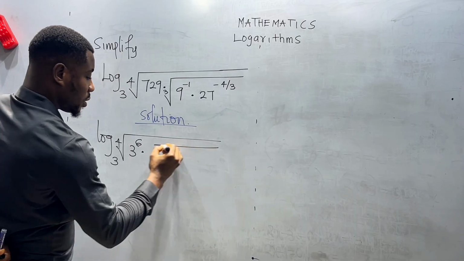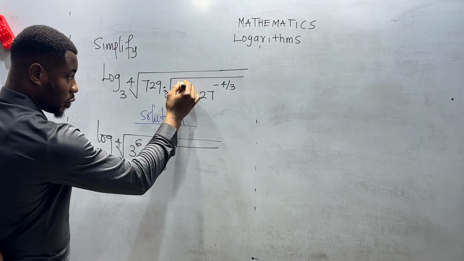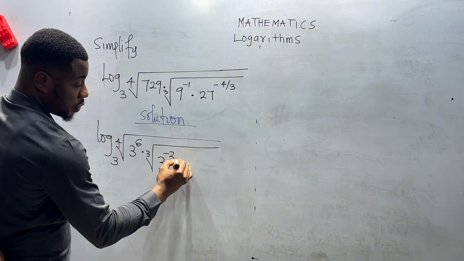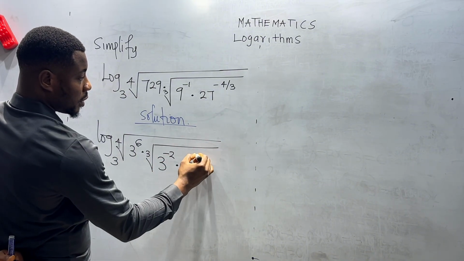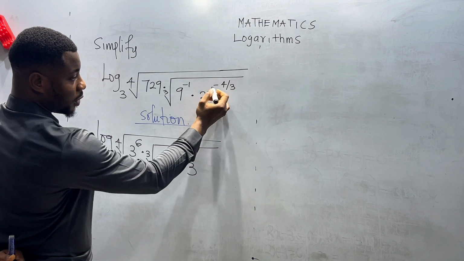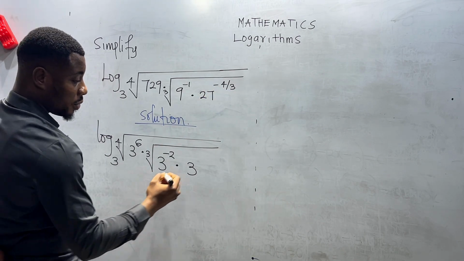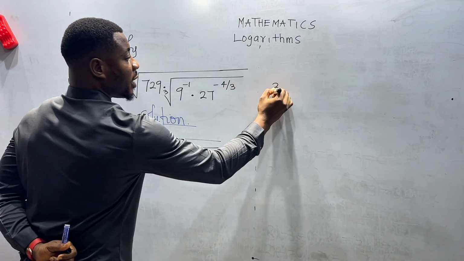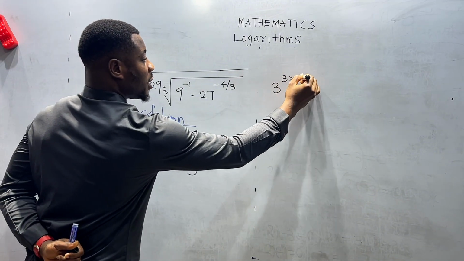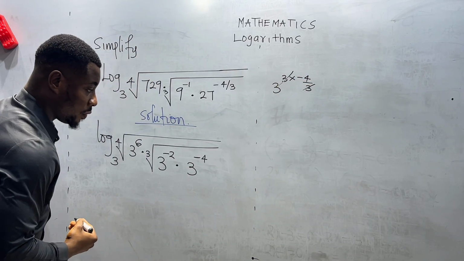Third root, 3 to the power of 2, 2 times minus 1 gives us minus 2. Then what we have here is 3 to the power of 3. Then if I multiply 3 to the power of 3 times minus 4 over 3, the 3 cancels out. So we have minus 4 left.